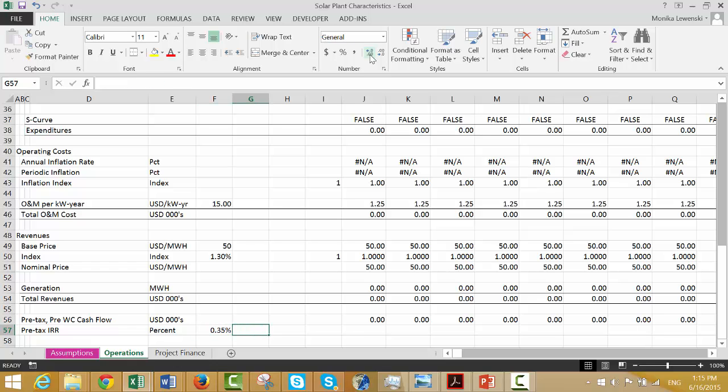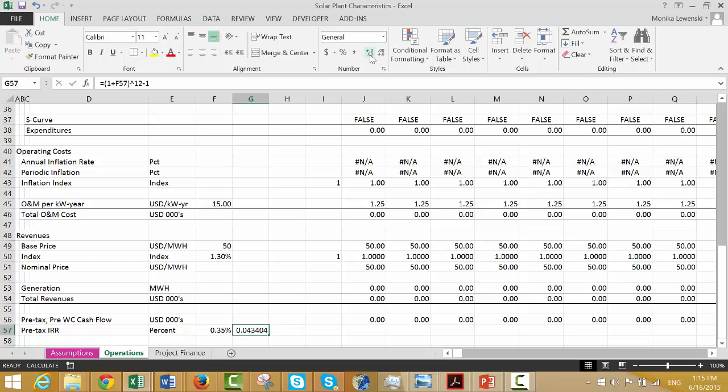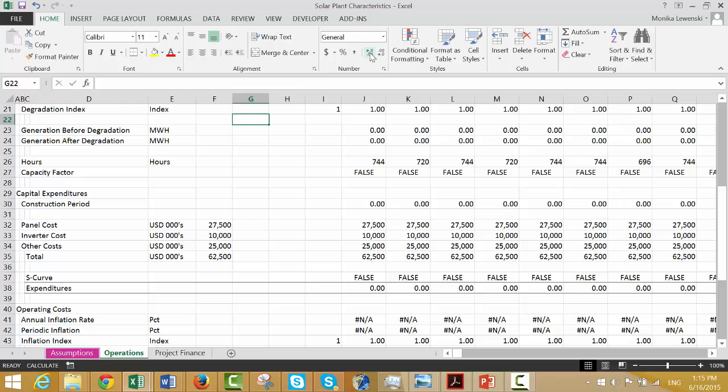This is the monthly, so we can take this one plus this one raised to the 12th power minus 1. So this is not so good. I can't really do this at 4%. And how about let's put the other costs in here.